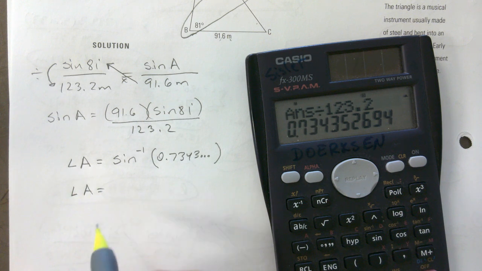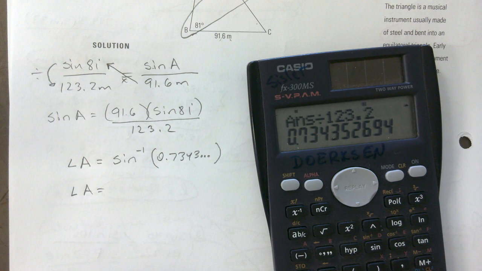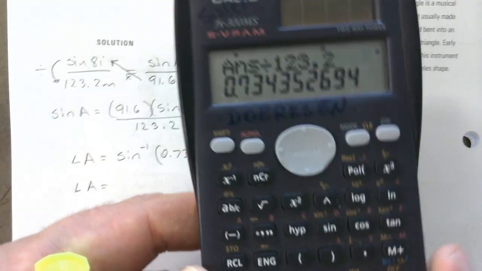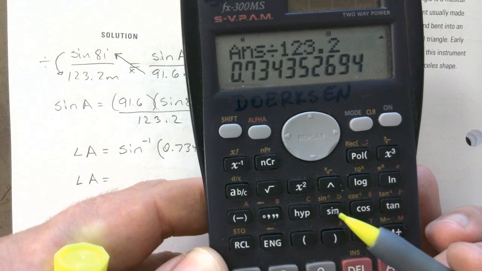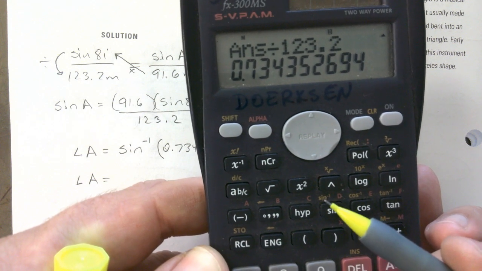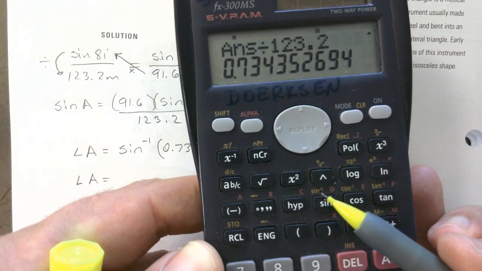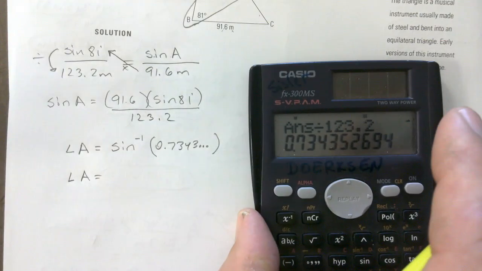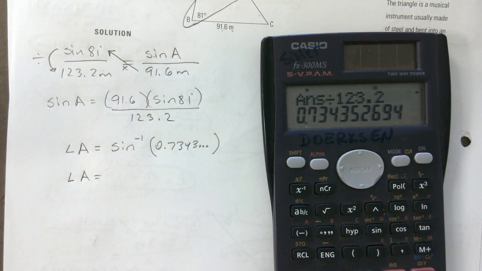And my fourth line is going to tell me what the angle is. You remember taking the inverse? If it's new to you, look at the sine button. It has sine with a -1 on top right here. To access that, you need to press second or shift before you press sine.